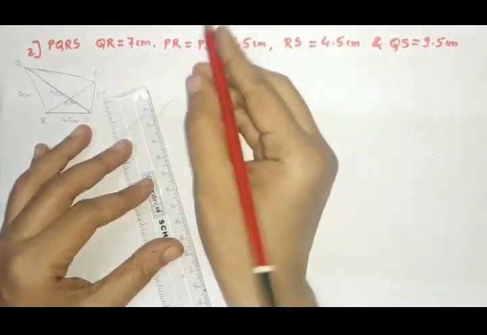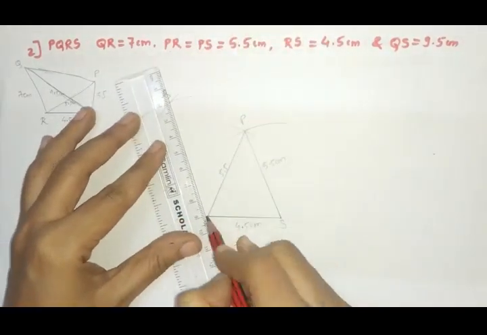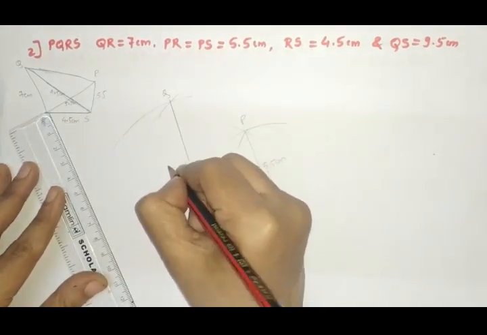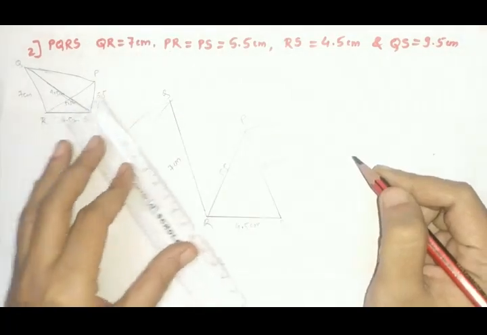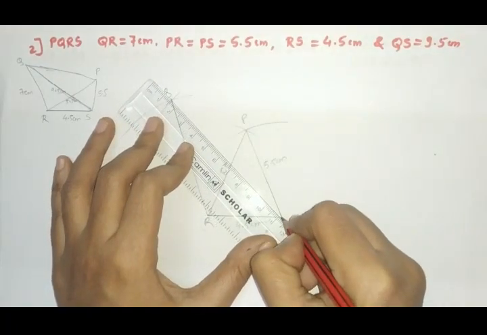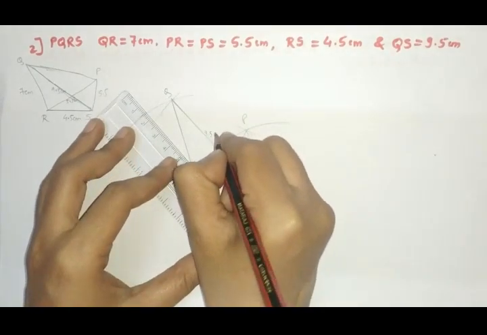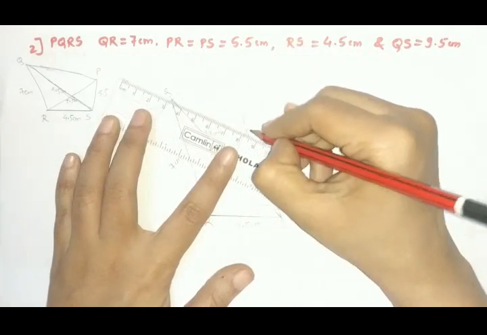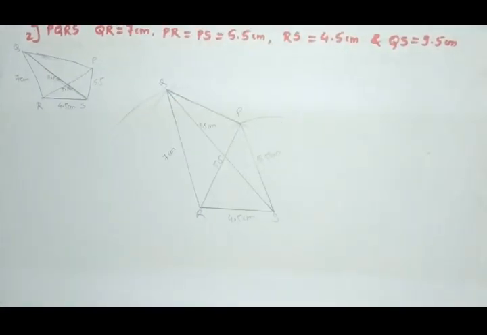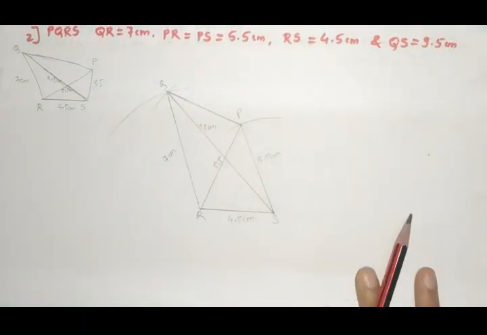Whatever intersection point you got here, it is Q. Join this Q to R, it is 7 centimeter. And then Q to S also you will join, this is another diagonal, which is 9.5 centimeter. And at last the 2 points which we got, P and Q, you can join that. So friends, this is the PQRS quadrilateral we have made.